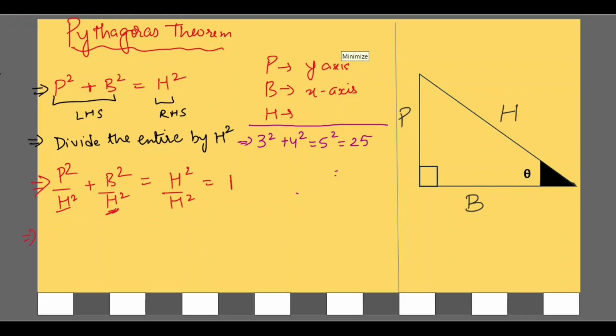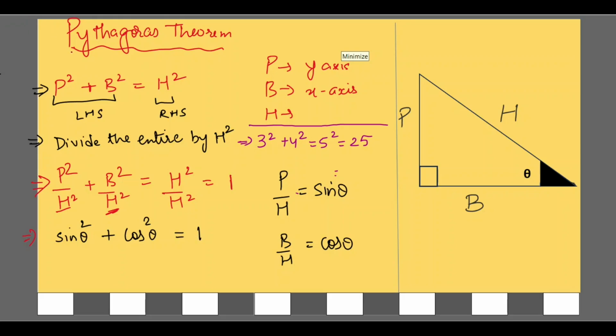If we convert this into a trigonometric equation, perpendicular by hypotenuse, p by h, if I call it sine theta, and base over h, if I call it cos theta, then it simply becomes sine theta square plus cos theta square is equal to 1.